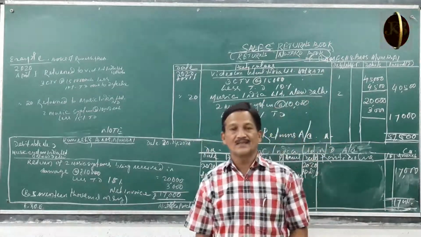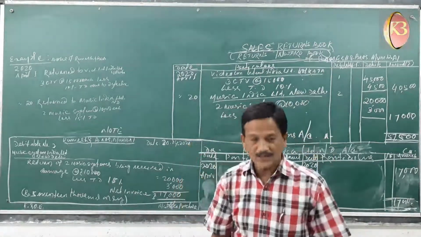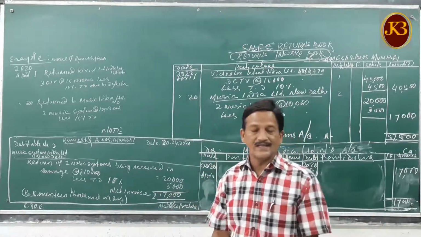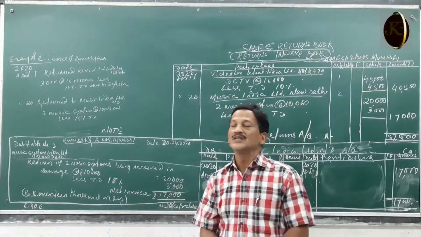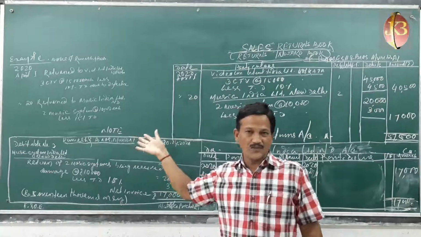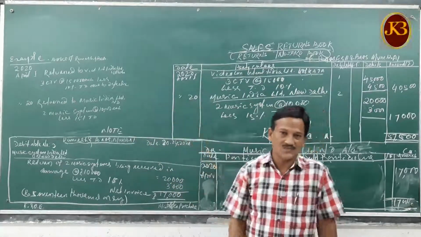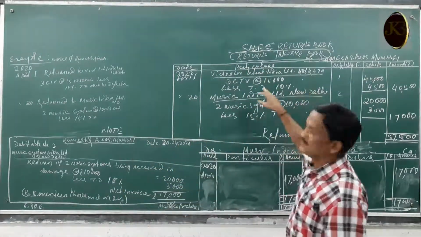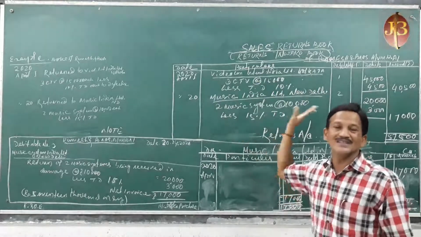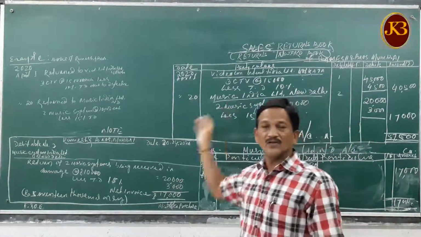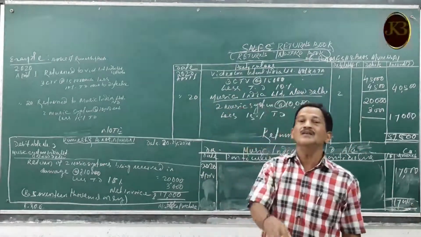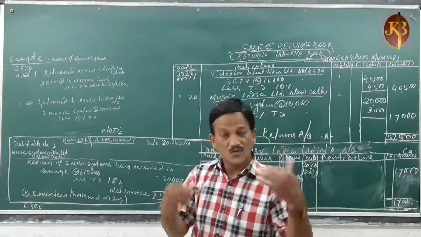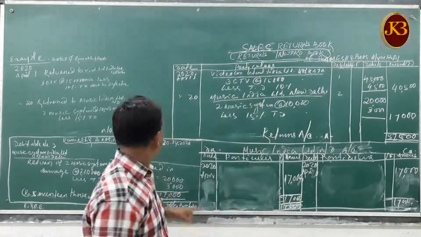Return of assets purchased either by cash or on credit is recorded in the journal proper or the general journal and the cash book, not in the return inward book or the sales return book. It records only goods sold on credit and returned by the customer.